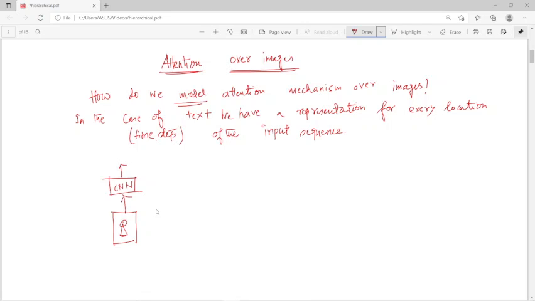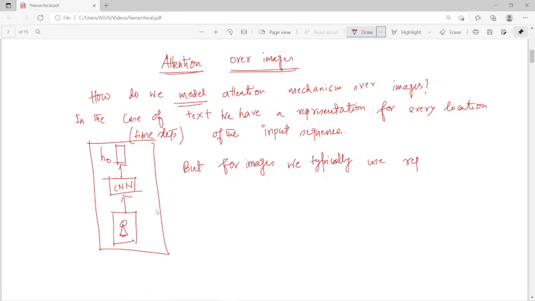But for images we typically use a representation from one of the fully connected layers, right?